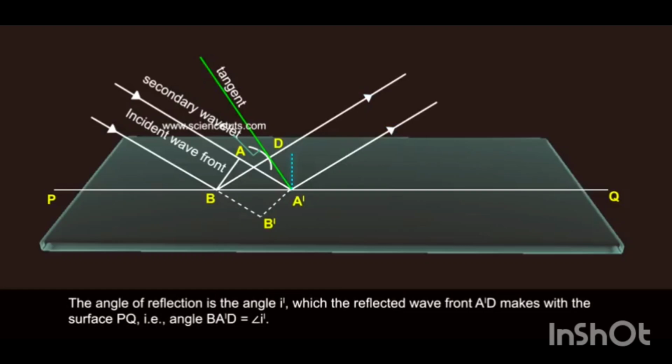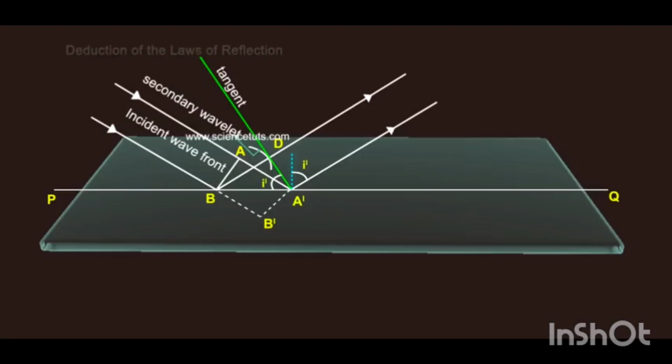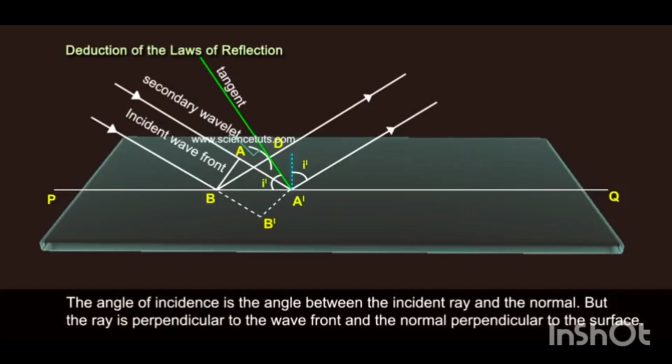The angle of reflection is the angle i', which the reflected wavefront A'D makes with the surface PQ, that is, angle BA'D, angle i'. Deduction of the laws of reflection. The angle of incidence is the angle between the incident ray and the normal, but the ray is perpendicular to the wavefront and the normal is perpendicular to the surface.